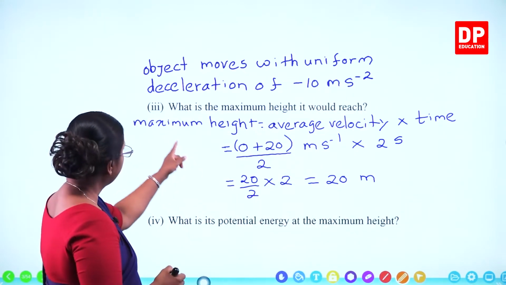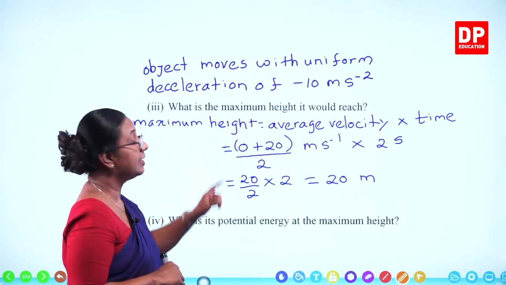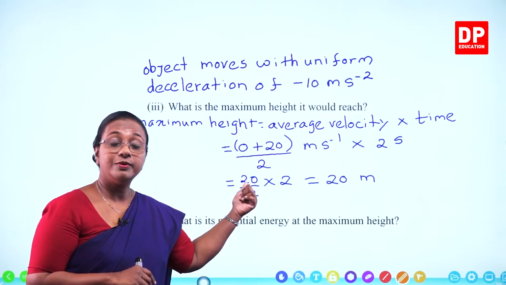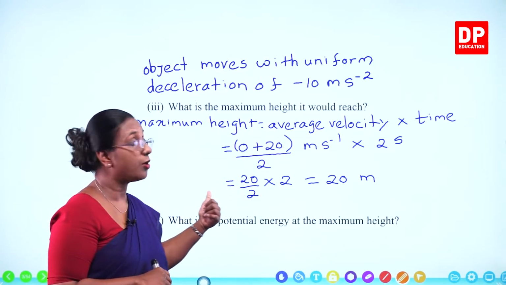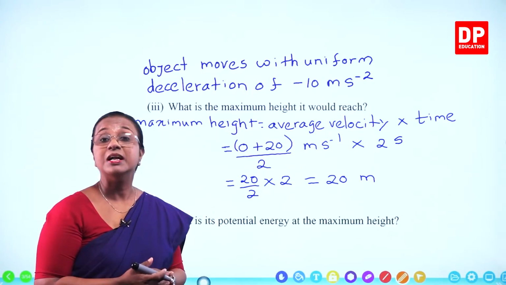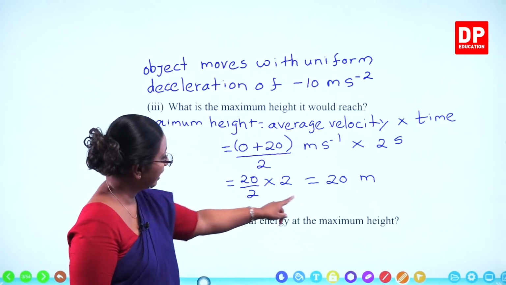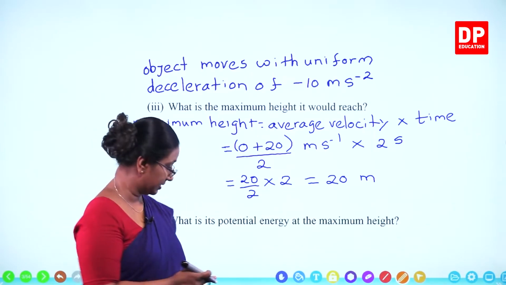So because of that, we use this equation. There are two equations to calculate maximum height. This is the equation used when the object is moving with uniform acceleration or uniform deceleration. So average velocity into time, you get the answer as 20 meters.